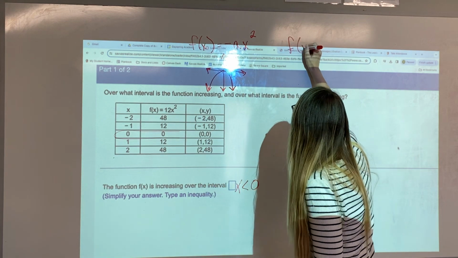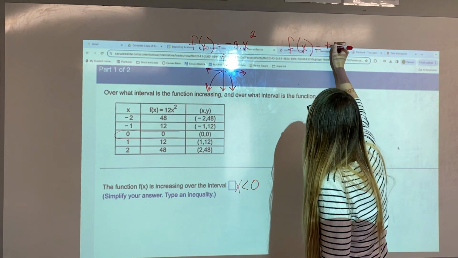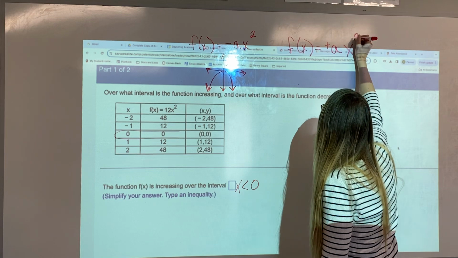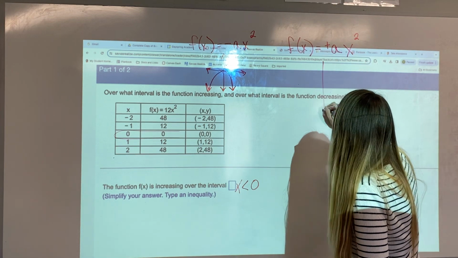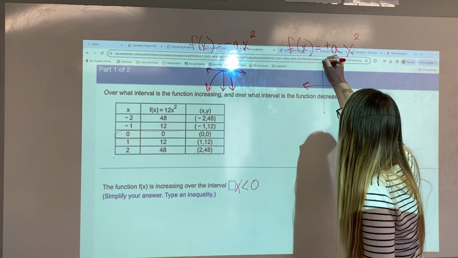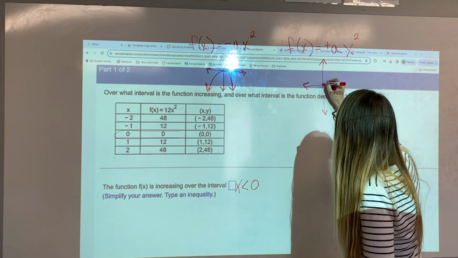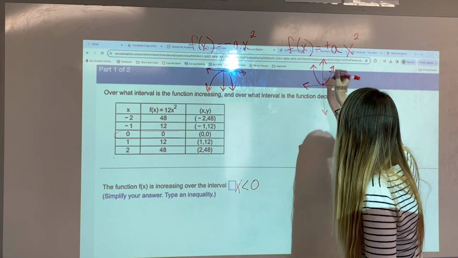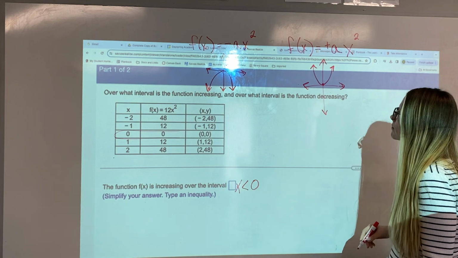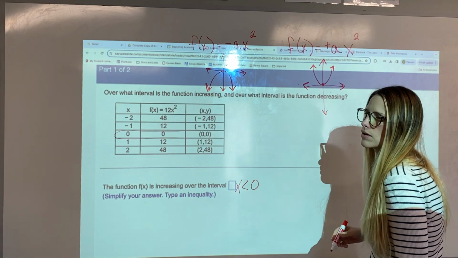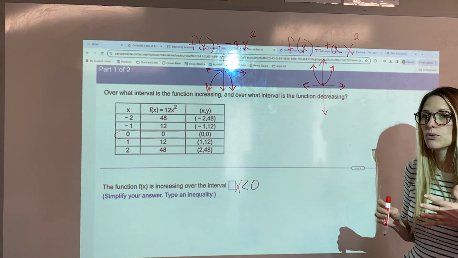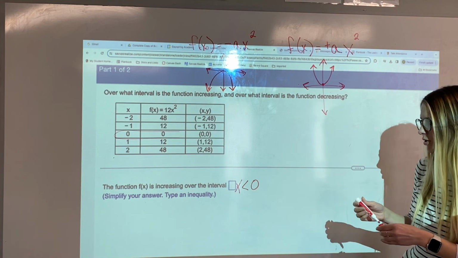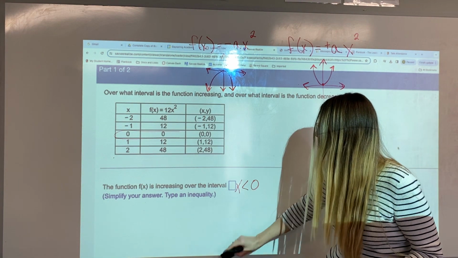If your function has a positive a, or positive leading coefficient, your parabola is going to be happy. I want you guys to do this one on your own, and if you need help describing your intervals or getting your intervals correct, please let me know.